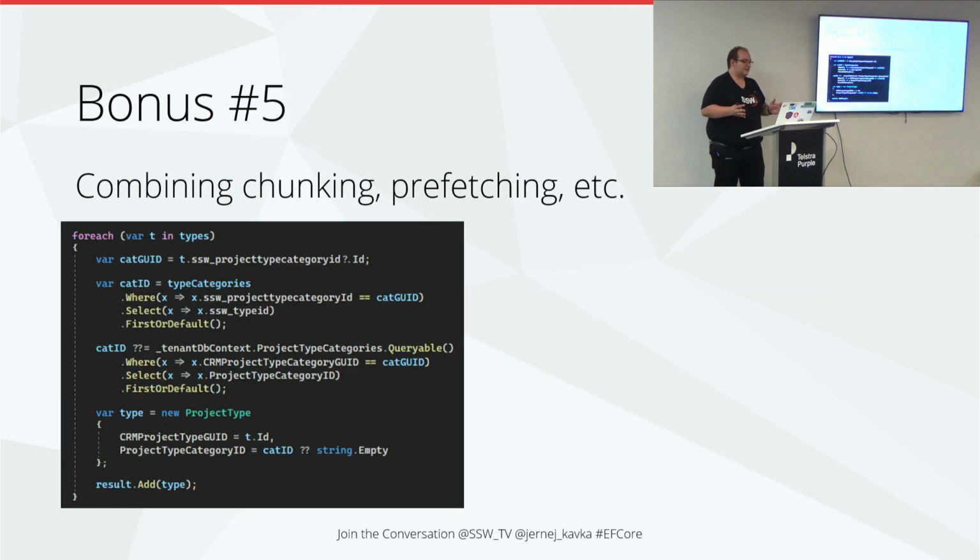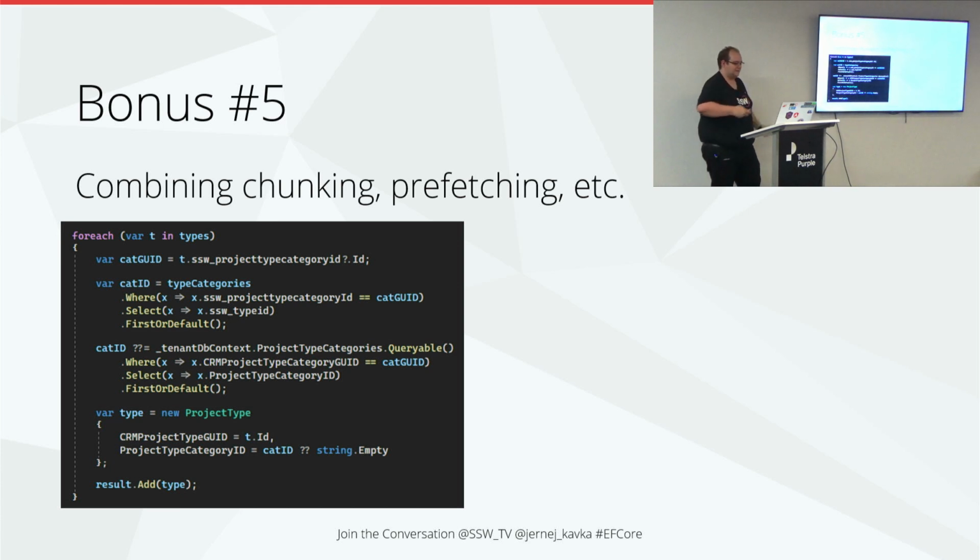And one of my favorite things to do is combining lots of different things to make things more efficient. So here I have a for loop, and this is something from a project where we had to synchronize CRM. It was really old code, and it took like 20 minutes to synchronize the data, and they asked us, hey, can you make this faster?